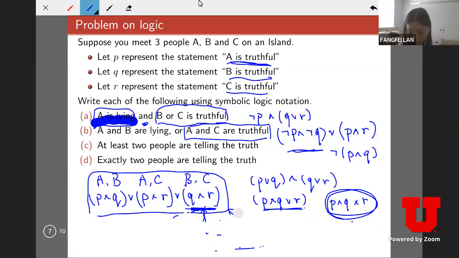So can we go really quick to the last problem that we have here, which is at least two people are telling the truth. So how do we write at least two people are telling the truth? Let's say that the first possibility is that A and B are telling the truth and C is lying. How can I write this? C is lying.